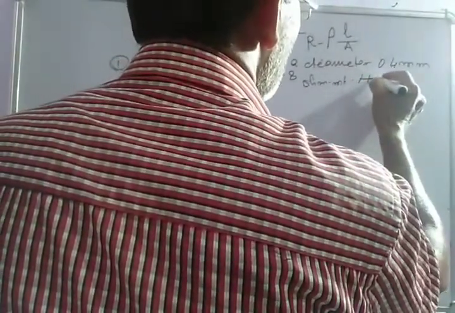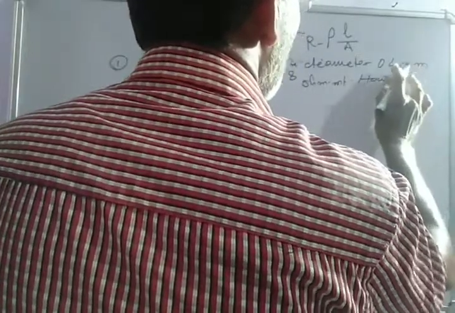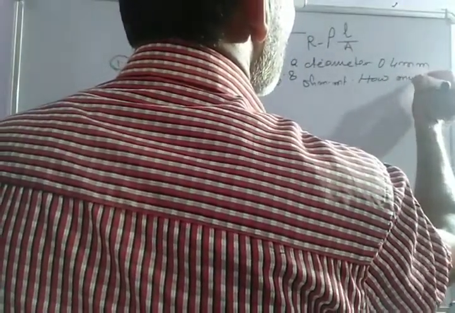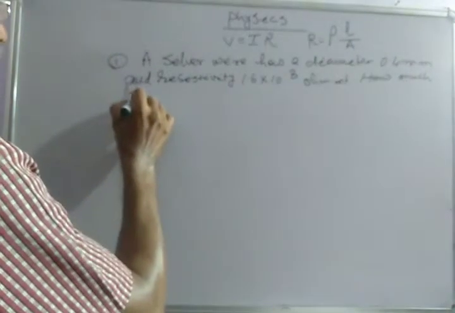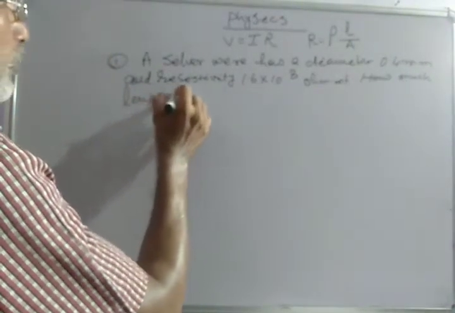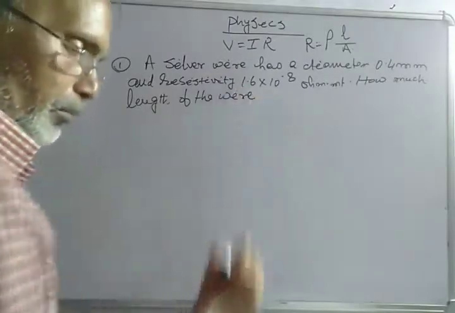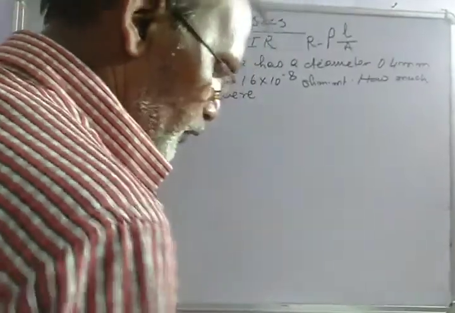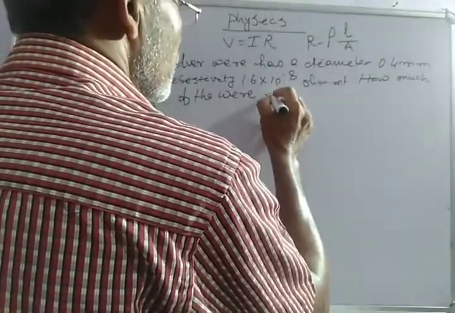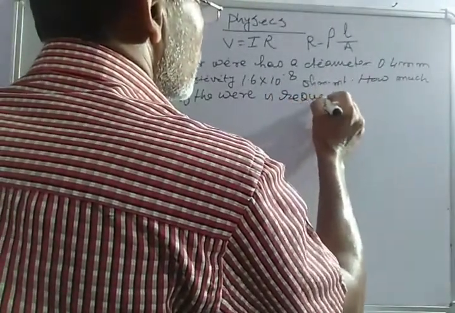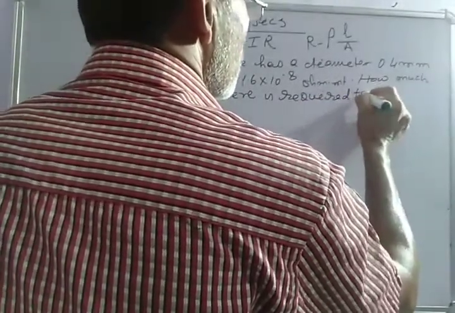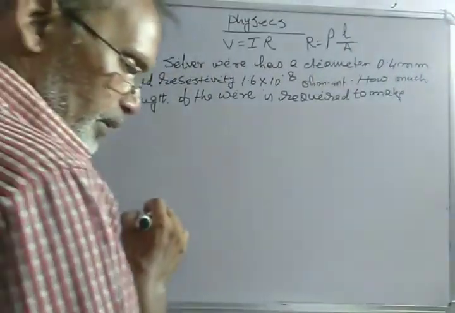How much length of the wire is required to make a 1 ohm coil?